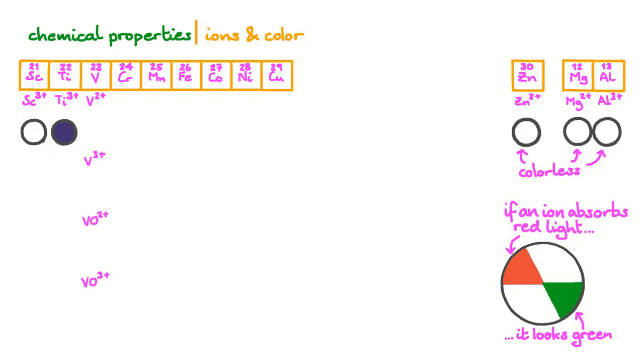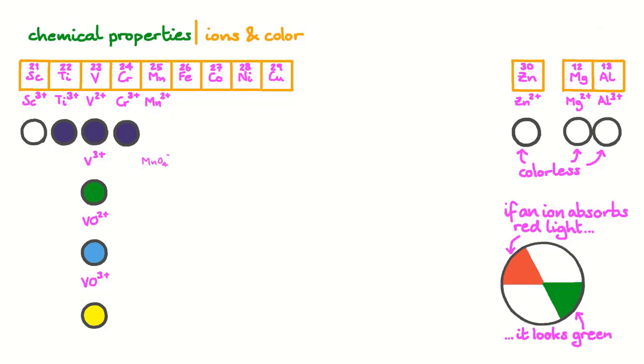There's quite a variety of vanadium ions or vanadium oxide ions with color. Solutions of V2+ are a violet purple, while solutions of V3+ are green. Solutions of VO2+ are blue, and solutions of VO3+ are yellow. Solutions of chromium 3+ are also a violet purple.